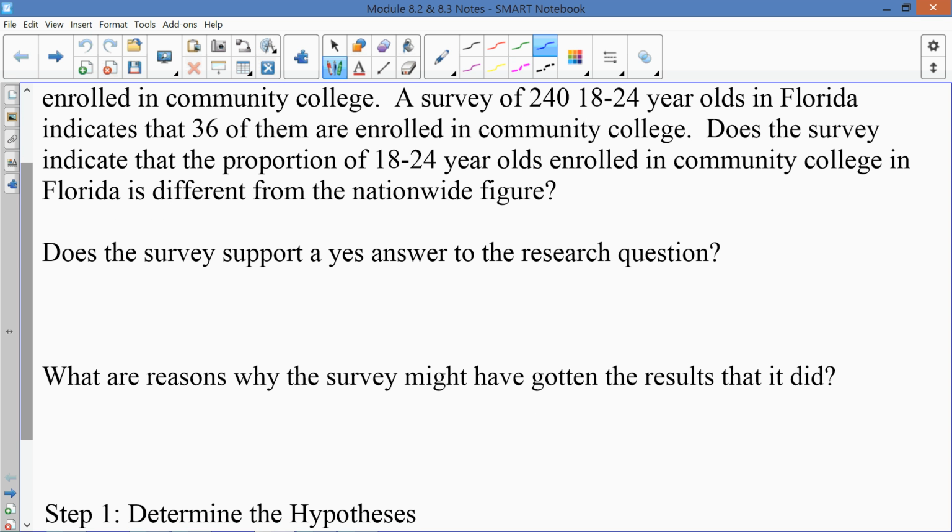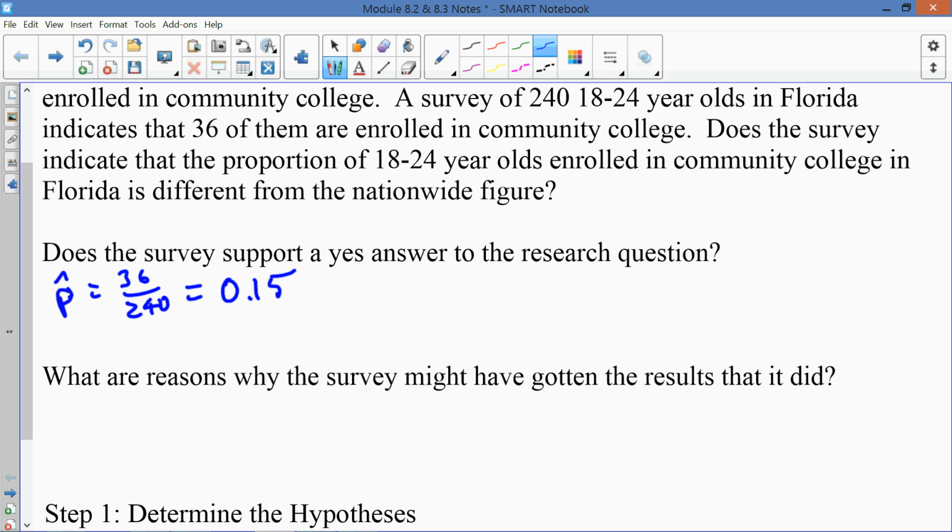So the first question is, does the survey support a yes answer to the research question? Well, p hat is our sample proportion, which is 36 out of 240, or 0.15.